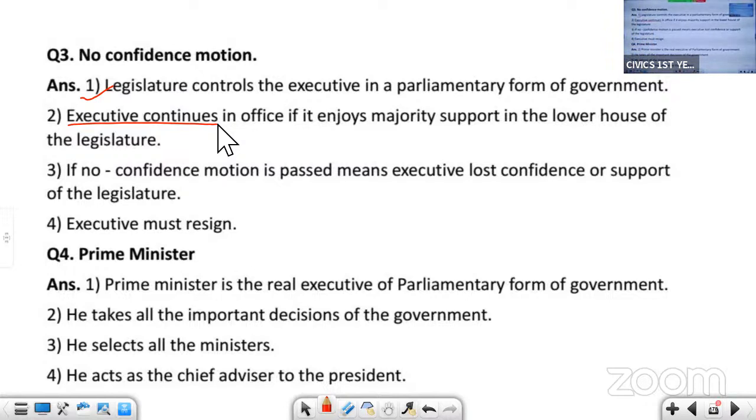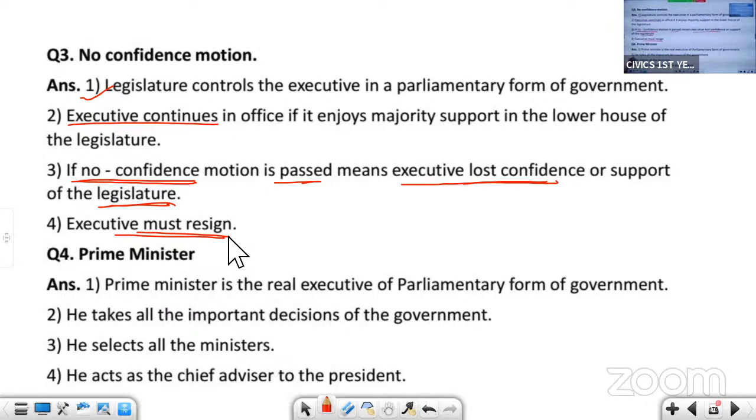What do you mean by no confidence? That means we don't have trust now. We don't trust the government. If a no confidence motion is passed, it means the executive is losing the confidence or support of the legislature. So the executive must resign. Is it clear?